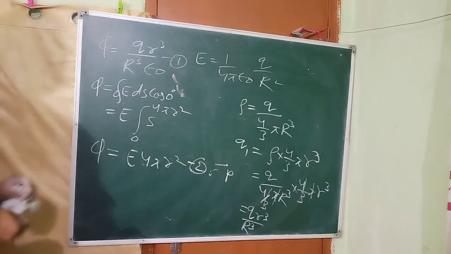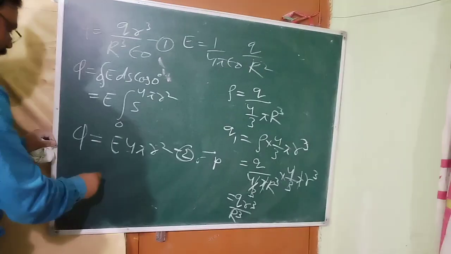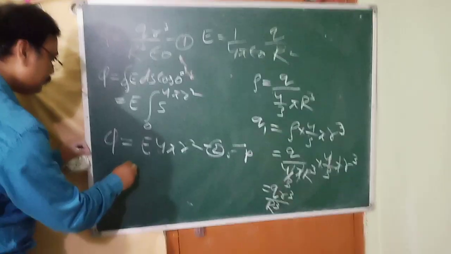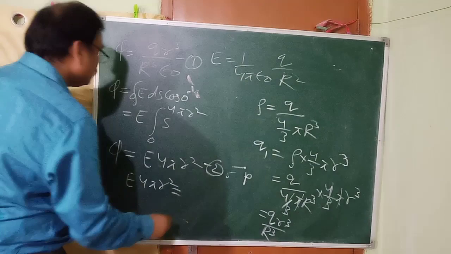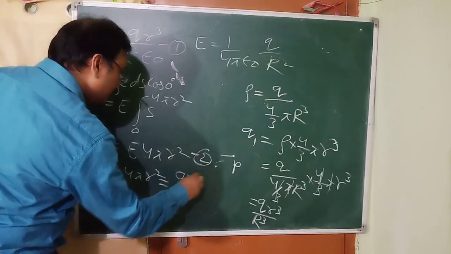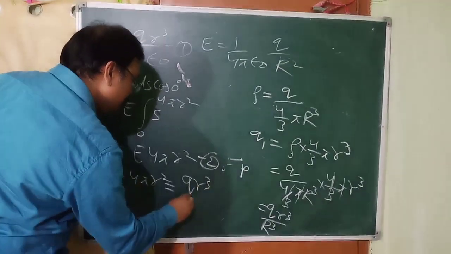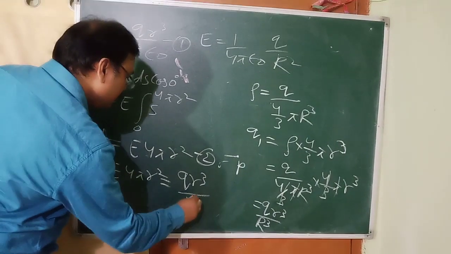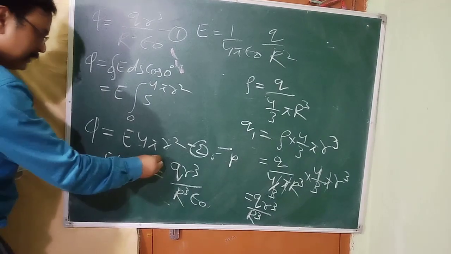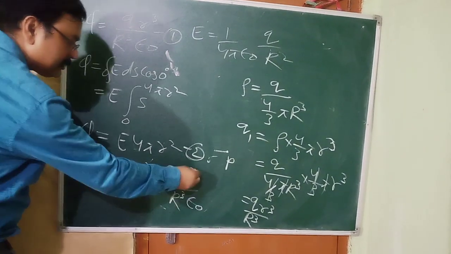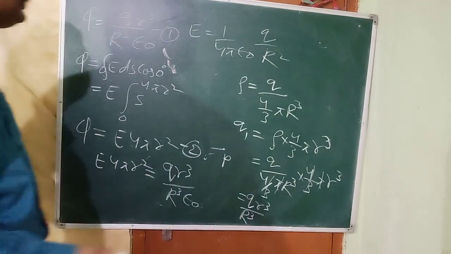Now from 1 and 2 you can write E into 4 pi r square is equal to Q r cube by capital R cube epsilon naught. So from here you can cancel r square with this r cube. So what will you be left with?